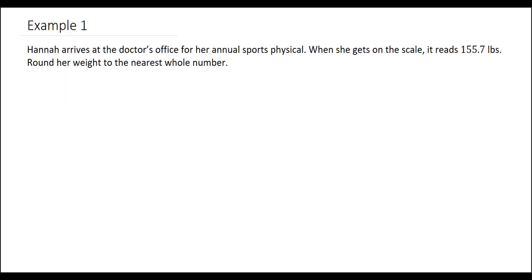Example 1. Hannah arrives at the doctor's office for her annual sports physical. When she gets on the scale, it reads 155.7 pounds. Round her weight to the nearest whole number. If we're rounding to the nearest whole number, that's the ones place.